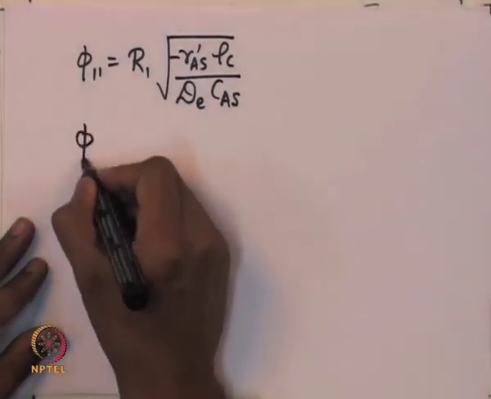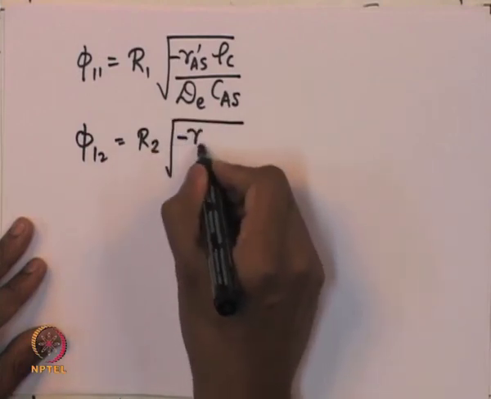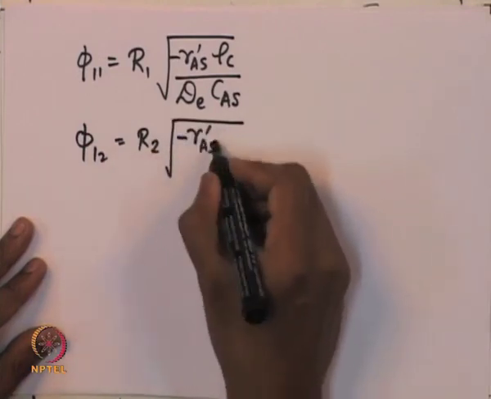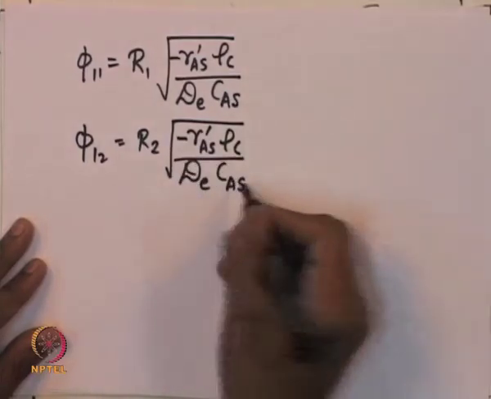And similarly, phi 1 2 will be R 2 into the square root of minus R A S into rho C divided by D E into C A S.